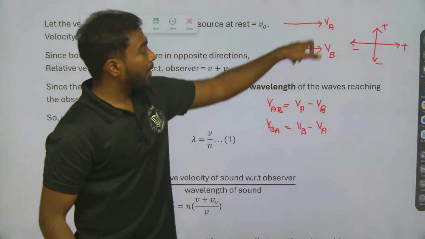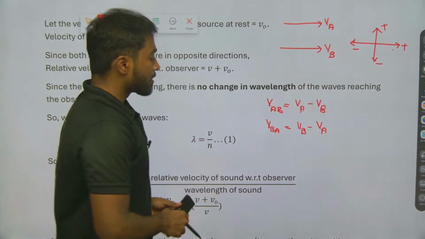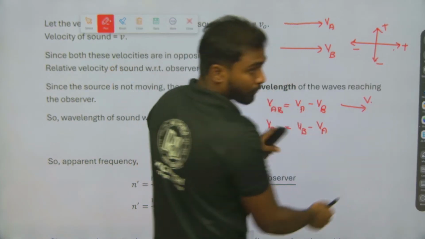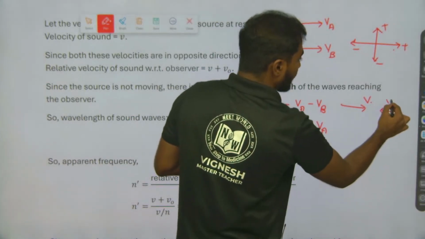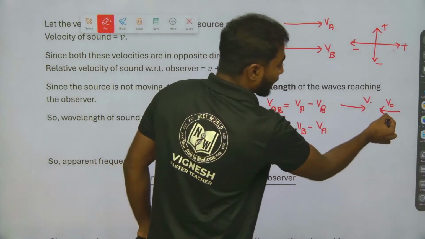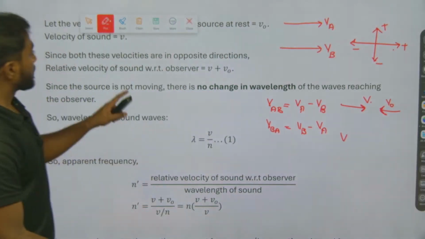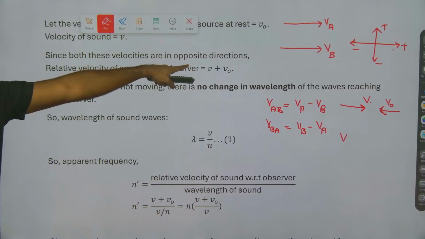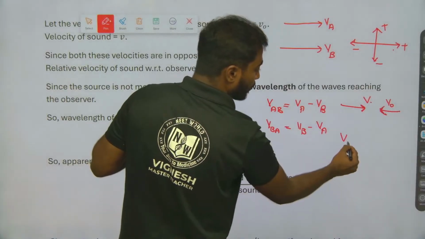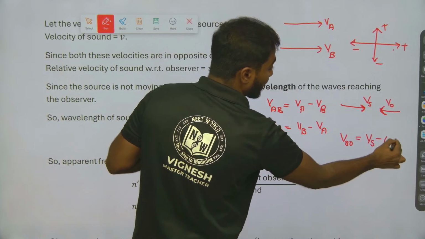Now if you see the arrow mark, which does it indicate? Positive, so both are positive, right? Now in the diagram, this is the velocity of the sound v, and this is the velocity of the observer. This arrow mark indicates negative, and this arrow mark positive. So the velocities are in opposite directions. The relative velocity of sound with respect to observer, let me take sound as S, so VSO equals VS minus VO.